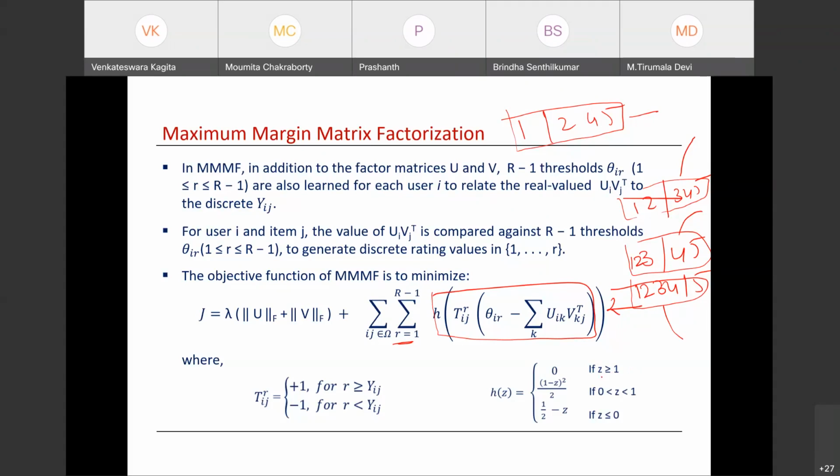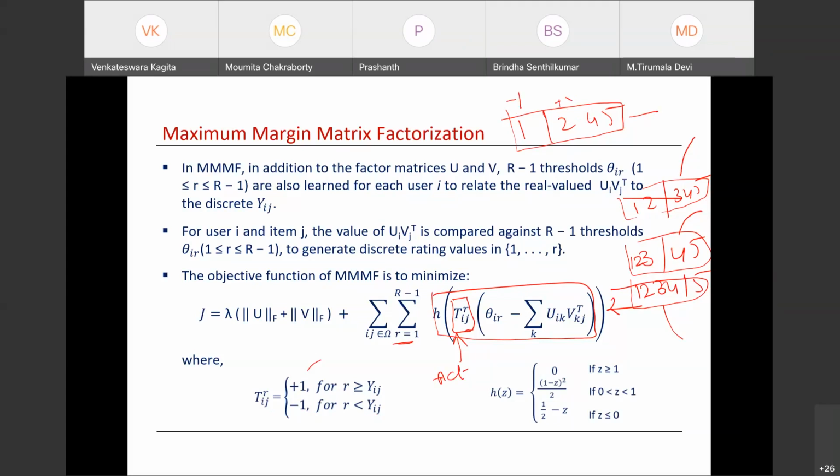What is hinge loss? If z is greater than or equal to 1, then h of z is 0. When would z be greater than 1? Please pay attention here. This is our actual value, after conversion. If the rating is greater than Yij, it is plus 1; if less than Yij, it is minus 1. So in this case, all 1 ratings are minus 1, all 2, 3, 4, 5 ratings are plus 1.